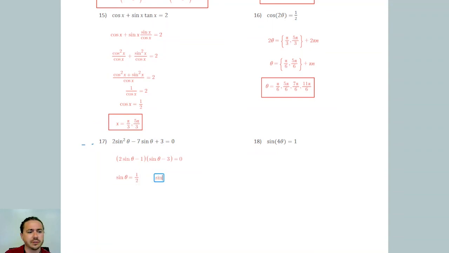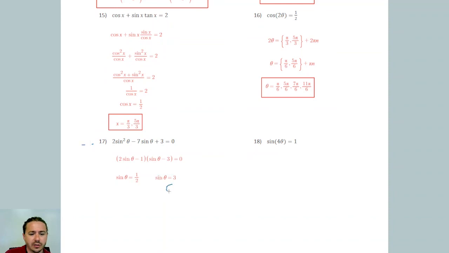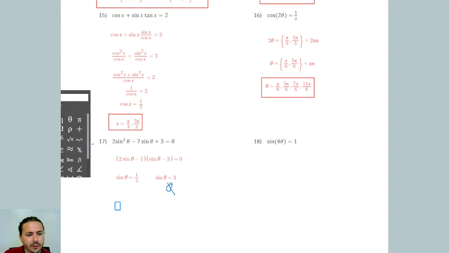Sine of theta is never going to be 3 because the range of sine is -1 to 1. So this is never going to happen, so we're going to get no solutions out of this one. But we will get some solutions out of the other. So theta equals, where's sine equal to 1/2? It's going to be at pi over 6 and 5 pi over 6.